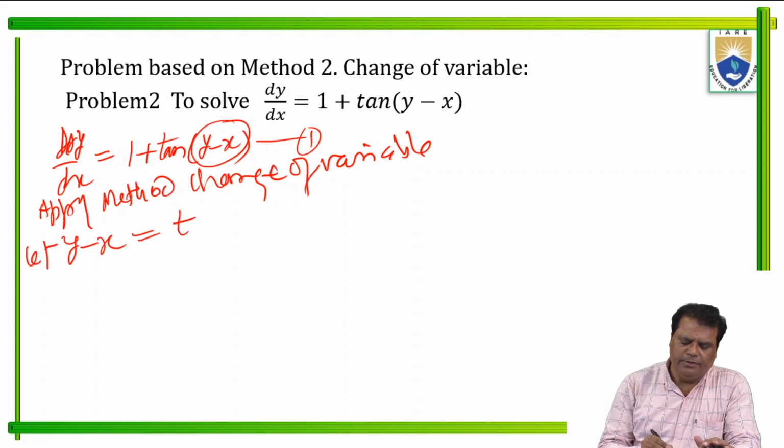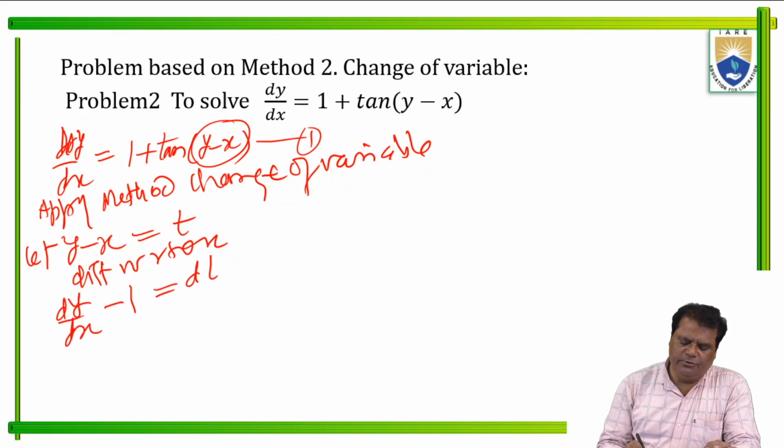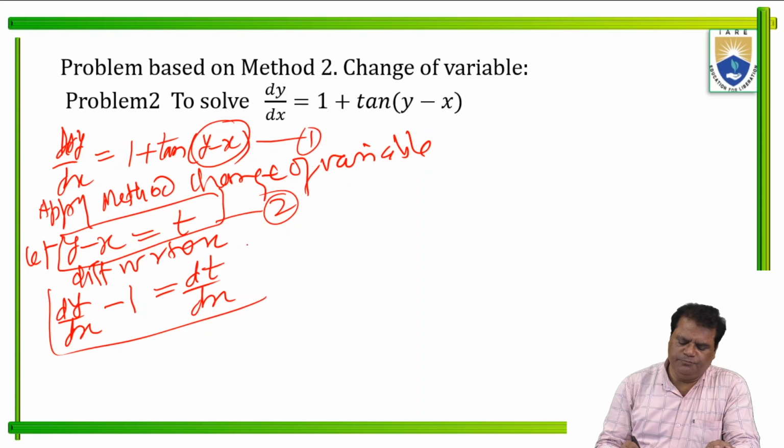Let y minus x equal t. Now differentiating with respect to x on both sides, dy dx minus 1 equals dt over dx. This is equation 1, this is 2, and this is 3.